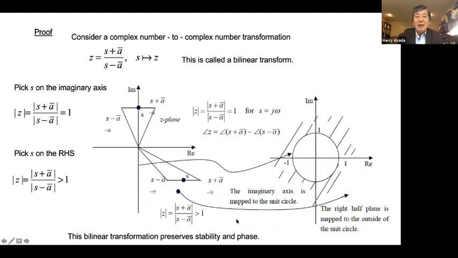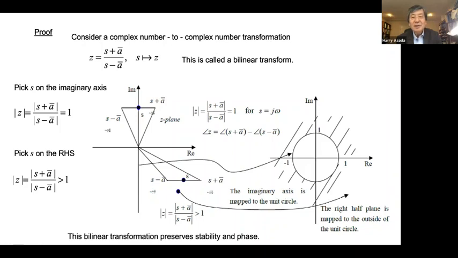Okay. Now a few more steps. Please bear with me. There are actually a few more steps to go through. So let's consider a complex number. This is the proof. So we consider the following transformation.